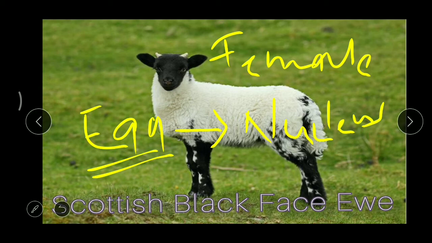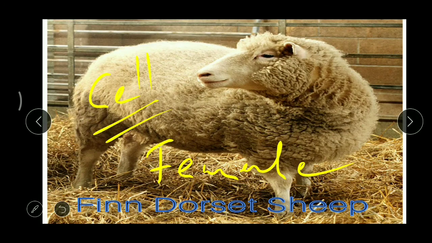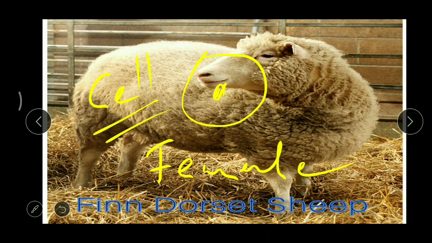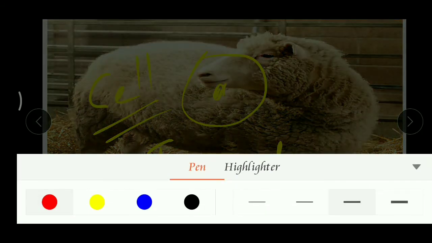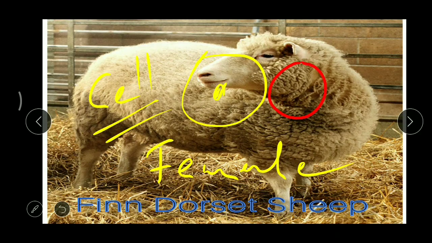Got it? And now, I told you the cell is taken from this Finn Dorset sheep. So this cell is fused with that egg. Here we can find this is the cell, and inside the cell we can find the nucleus.